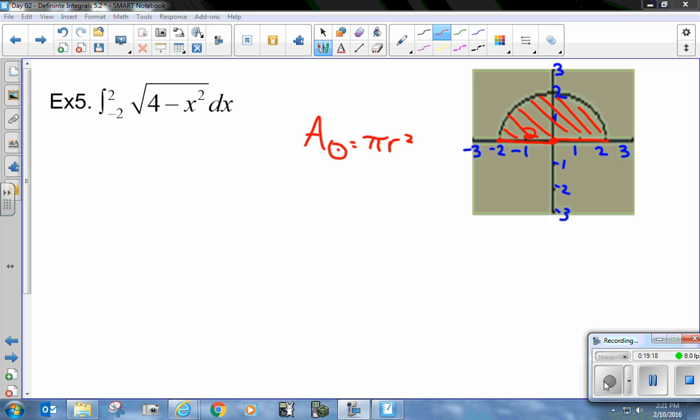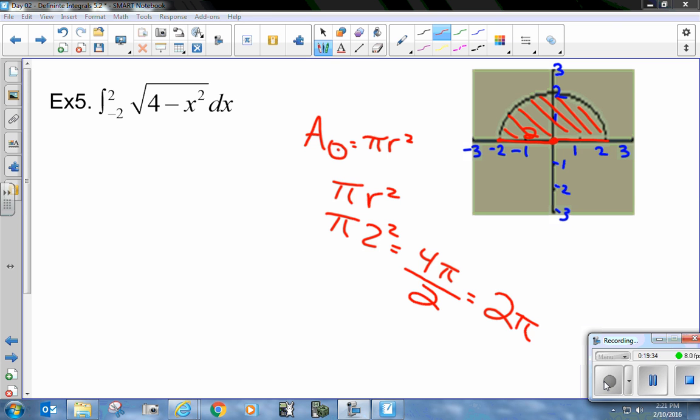So pi r squared, which is pi times 2 squared, is 4 pi. Is that my answer? No. How come? It's half the circle. So I've got to take half of this, which would be approximately 6.28 something.